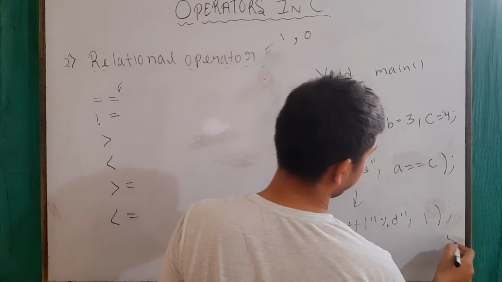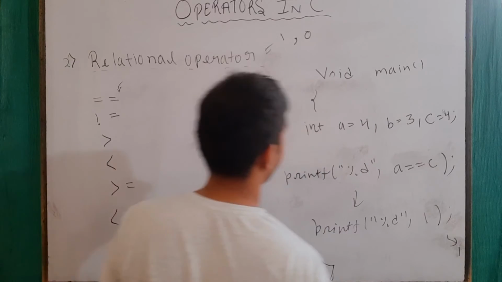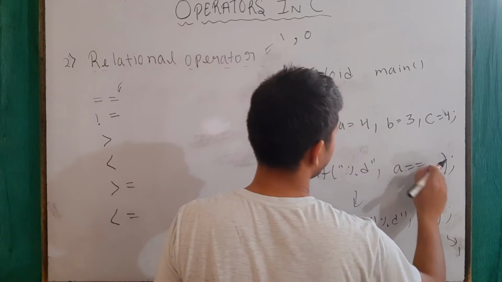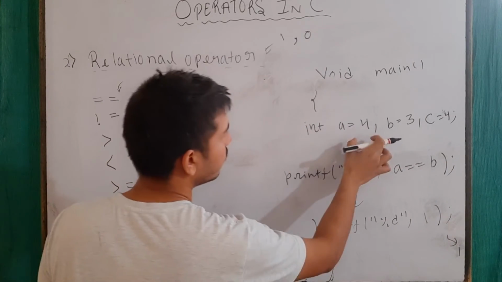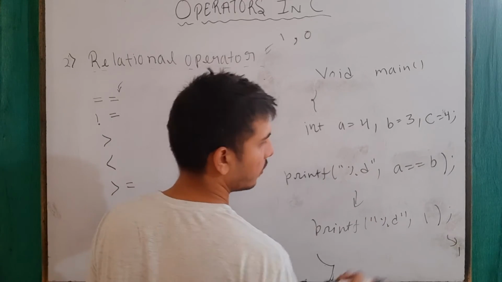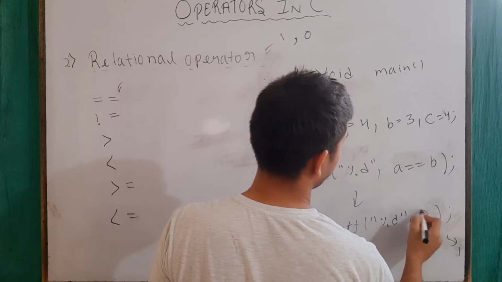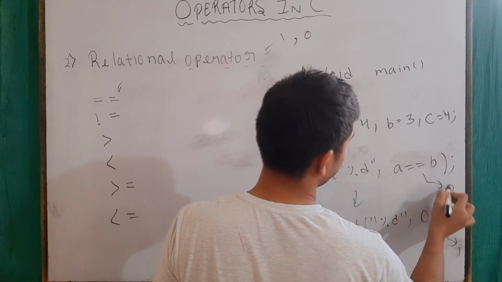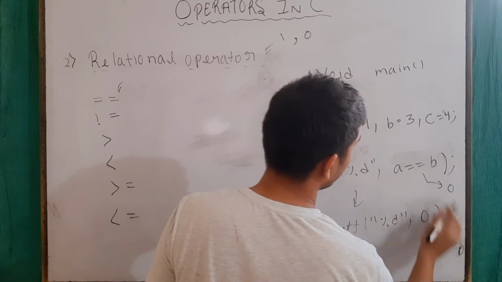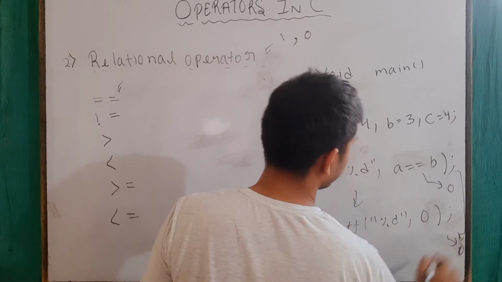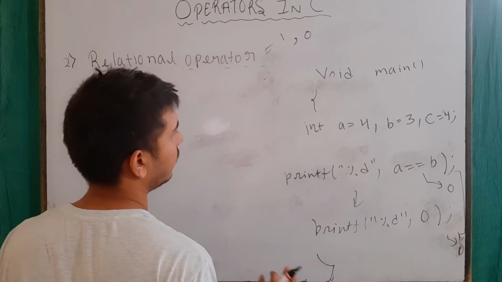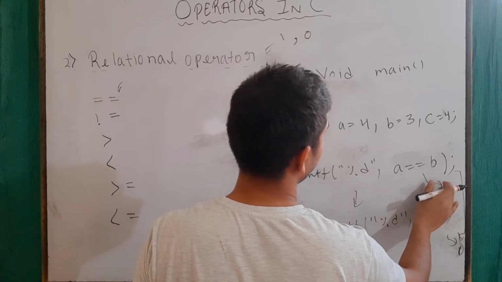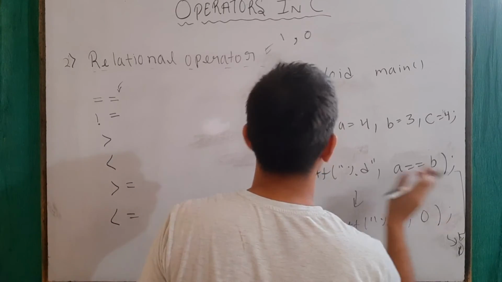Now if I ask here a equal b, is 4 equal to 3? No, it is not. So it will give me 0. Its end result will be 0, and our output for this line will be 0. Right? So this was the double equal to operator for comparing the values.